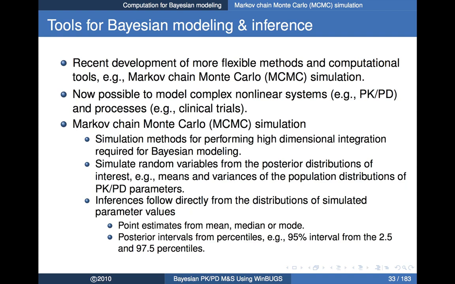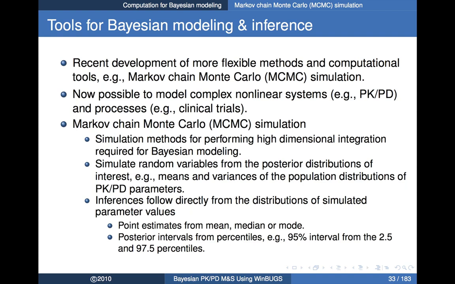Given tools like MCMC, it's now possible to model quite complex nonlinear systems, like PK/PD models, and even fairly complicated processes like entire clinical trials. We can model and simulate those things based upon the posterior distributions we get.